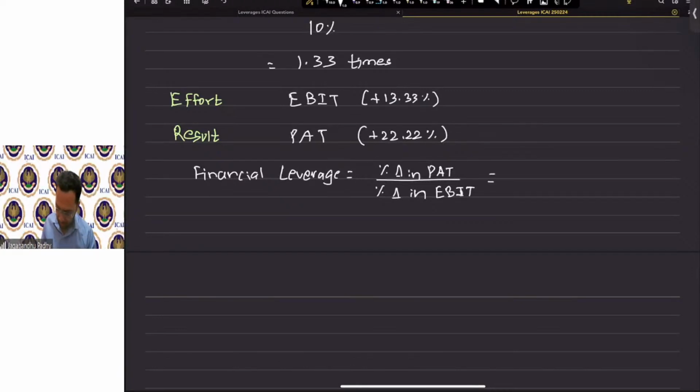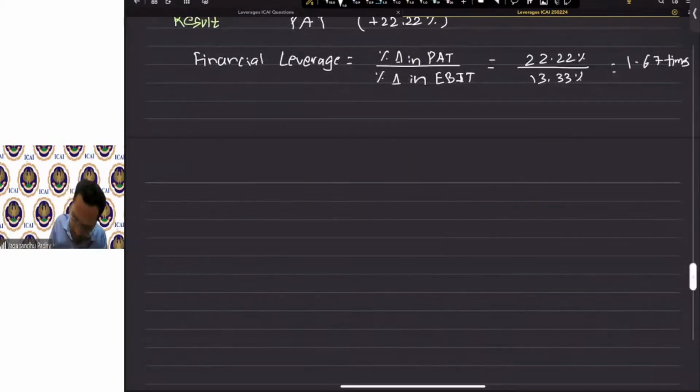The percentage change in PAT is 22.22% and the percentage change in EBIT is 13.33%, so 22.22 divided by 13.33 is 1.67 times. It means if your EBIT increases by 1%, the resultant impact in the form of PAT will be 1.67%.